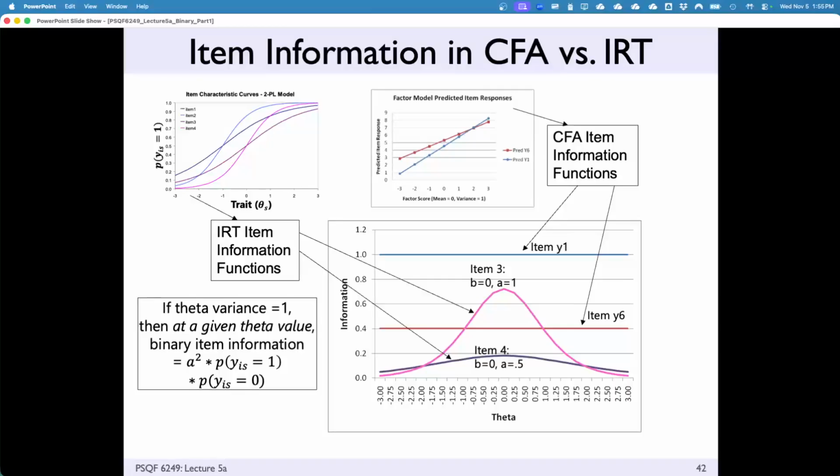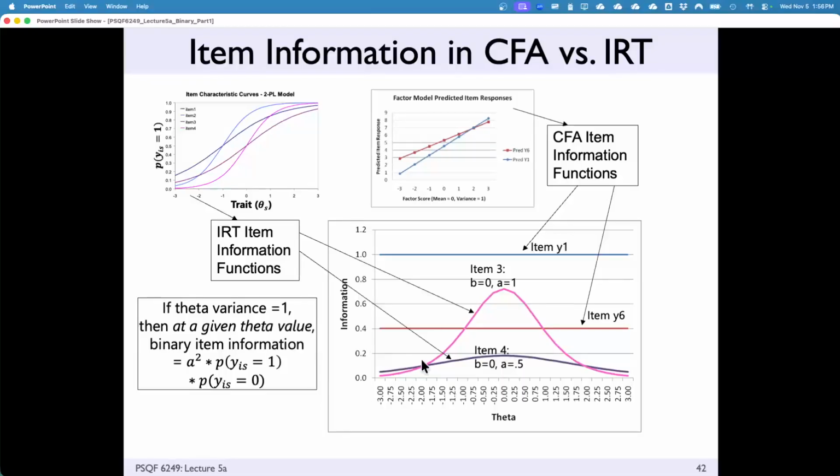And where that comes from, if you're really wanting to know, is a statistical quantity that's really important in estimation. We're looking at what's called the Fisher's information for an item, which is defined in statistics as the second partial derivative of the log likelihood function with respect to the trait. Nobody has time for that. There's the formula right there. Don't do derivatives unless you really like to.